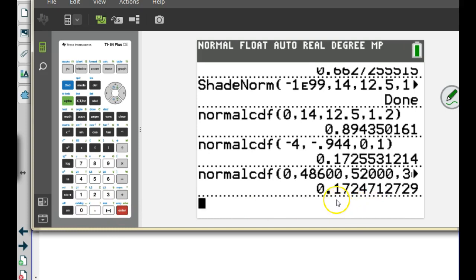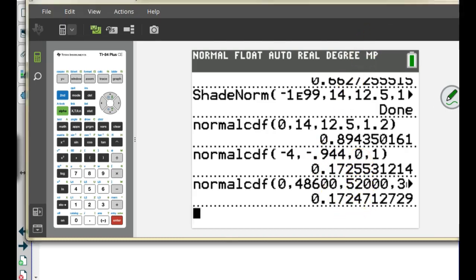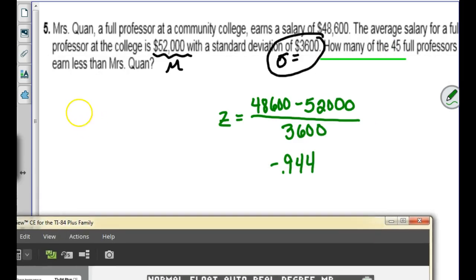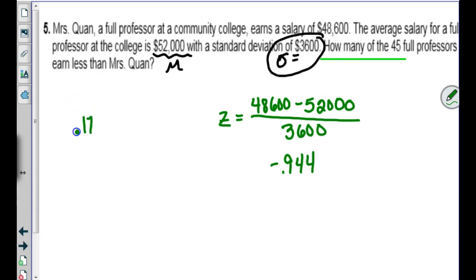And I still get this 0.172, and it's slightly different. And actually, in my thinking, ours is more accurate because here we had to round that 0.944 at some point, right? So it doesn't really matter. 0.172 is fine. So she is at like the 17th percent, so 17 percent of the people are below her.